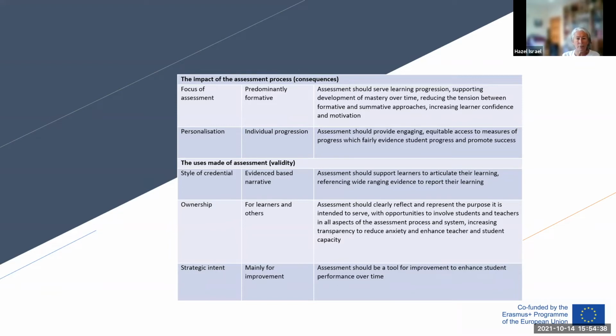We want students to be active, creative contributors to the assessment process, and it should clearly reflect and represent the purpose it is intended to serve, with opportunities to involve students and teachers in all aspects of the assessment process and system. So this can increase transparency and reduce anxiety and develop further teacher and student capacities.